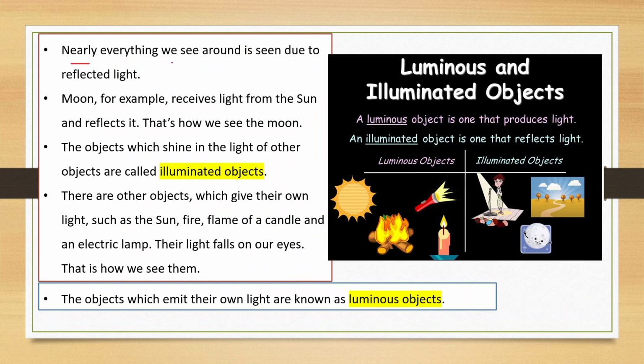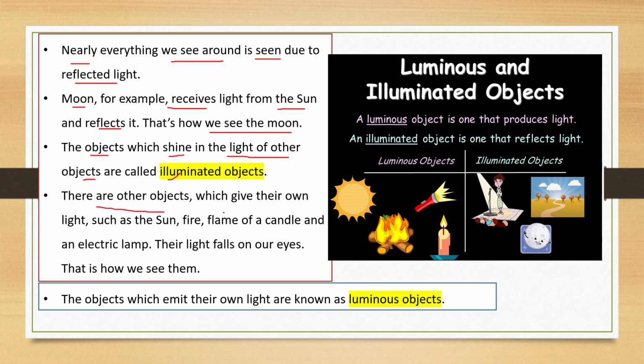Nearly everything we see around is seen due to reflected light. For example, the moon receives light from the sun and reflects it. That's how we see the moon. The objects which shine in the light of other objects are called illuminated objects.